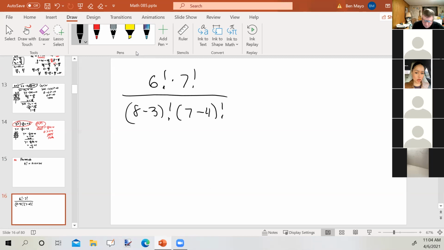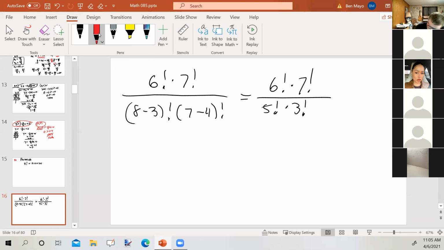Okay, so first thing I would do is I would simplify inside the parentheses. 8 minus 3 is 5, 7 minus 4 is 3. So I get 5 factorial times 3 factorial in the denominator. Then I would try to reduce out as much as I could.